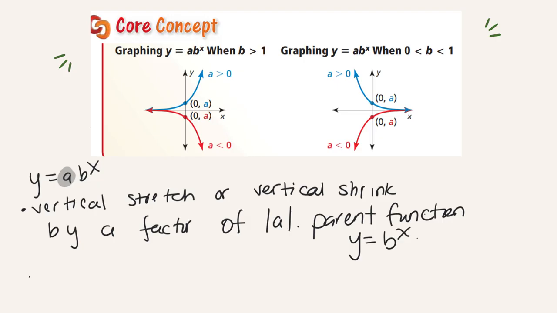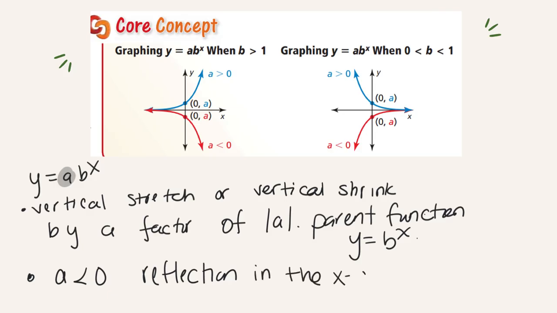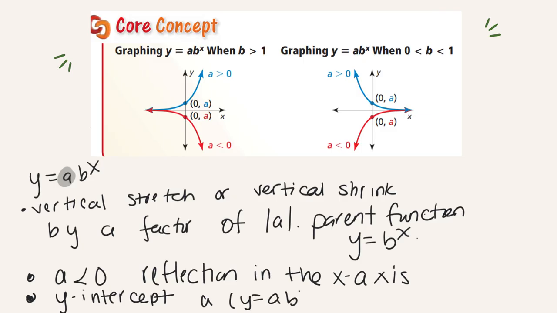When a is less than 0, you're going to have a reflection in the x-axis. And your y-intercept will be a from the graph, which is y equals ab to the power of x.